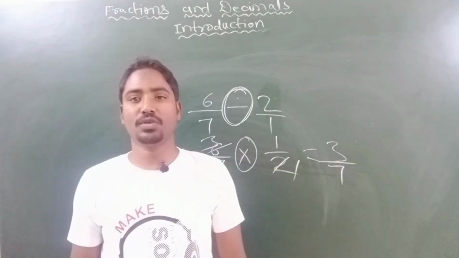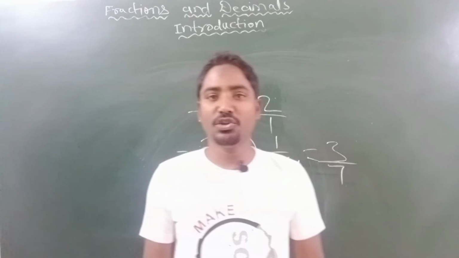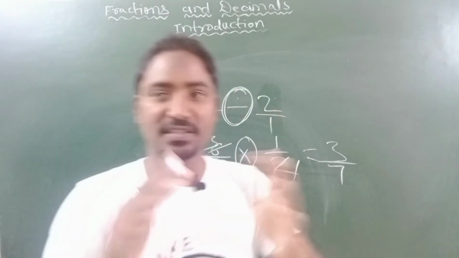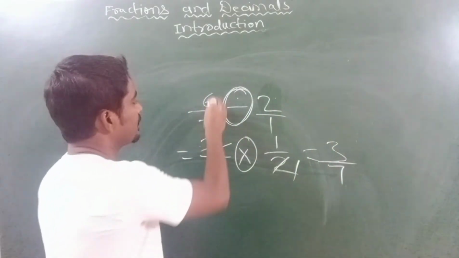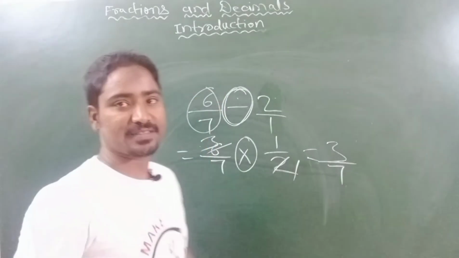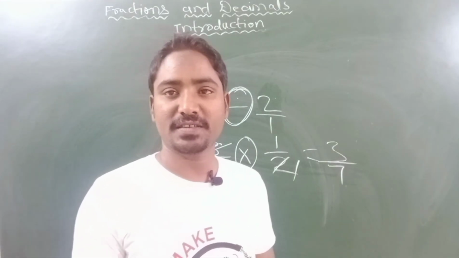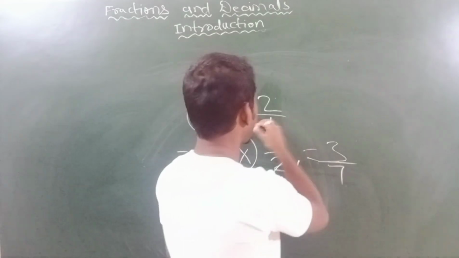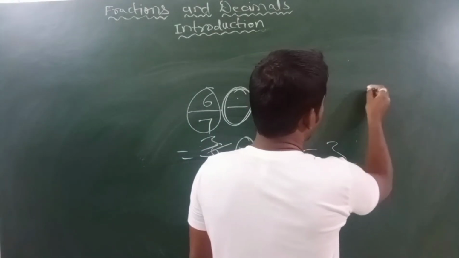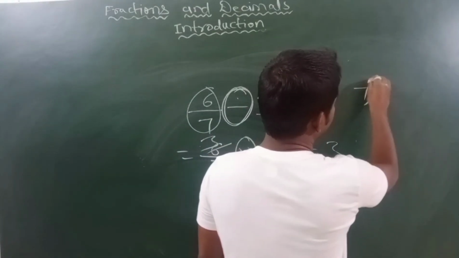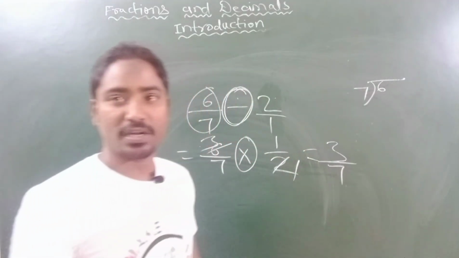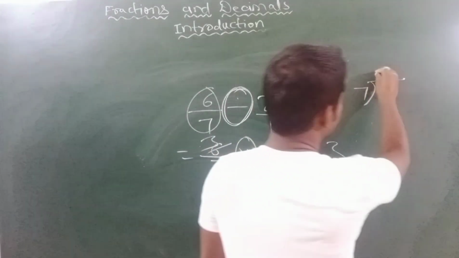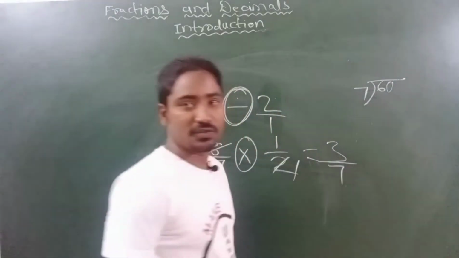Okay, now I will tell you about decimals. When we are dividing any fractional number then we get decimal numbers. Like suppose we have 6/7, so how are we dividing? 6 divided by 7, division is not possible, so we put a decimal here, then we put a 0.